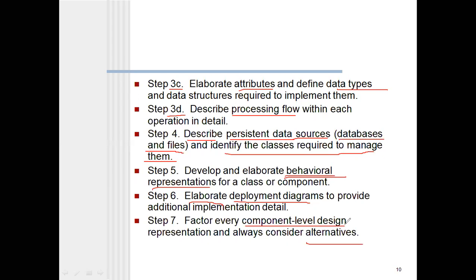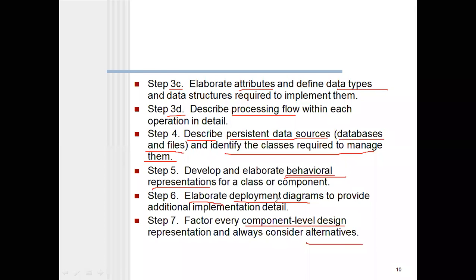Some design techniques are suitable only on paper itself, not of any practical nature. That's why this is refactoring: refactor every component level design representation and always consider alternatives.